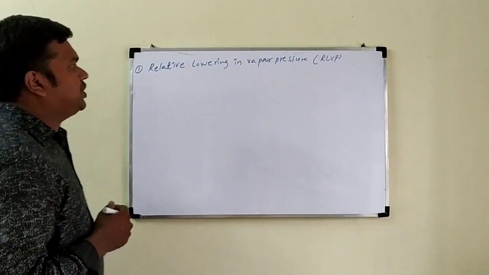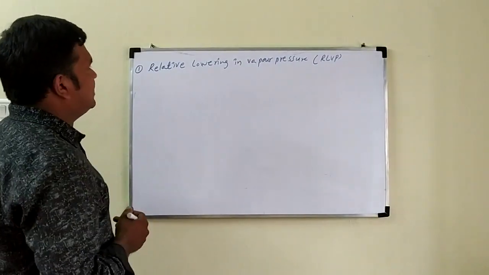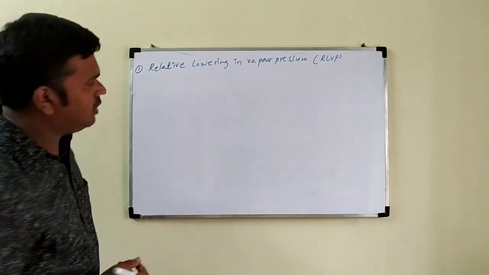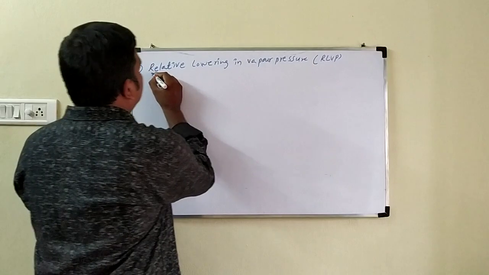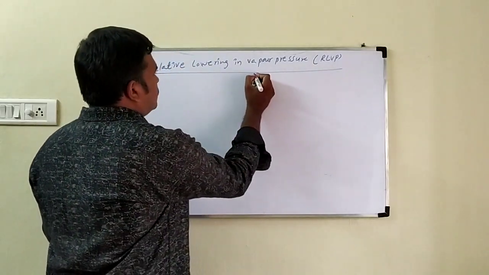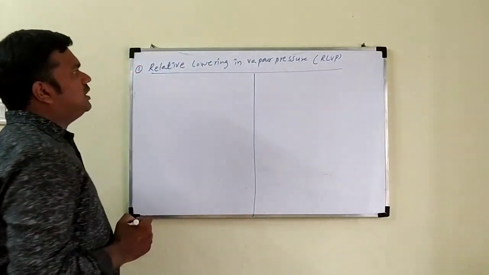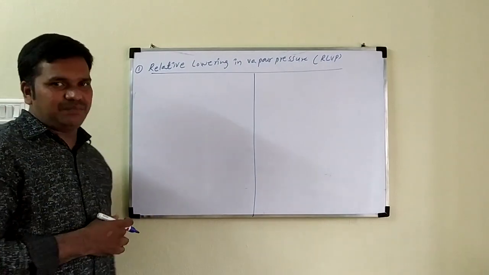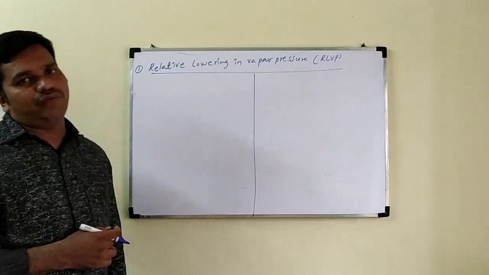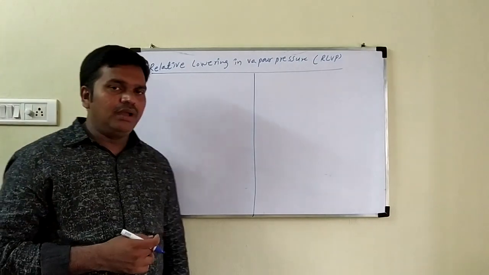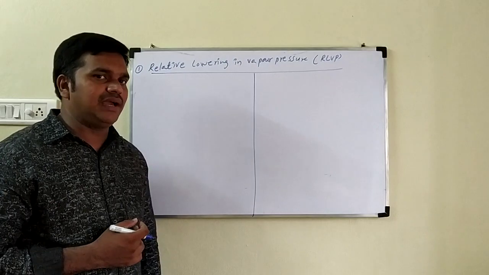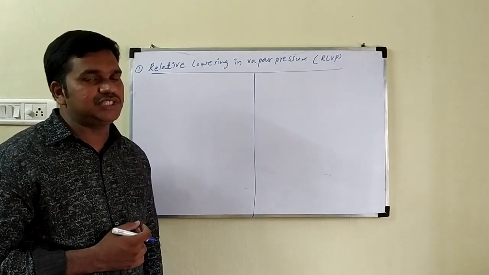Let us see the first colligative property, that is relative lowering in vapor pressure. We already discussed vapor pressure in the past episodes. When a non-volatile solute is added to a volatile solvent, what happens? The vapor pressure of the solution decreases.